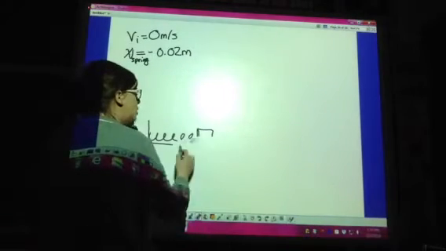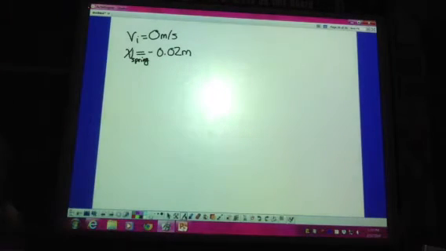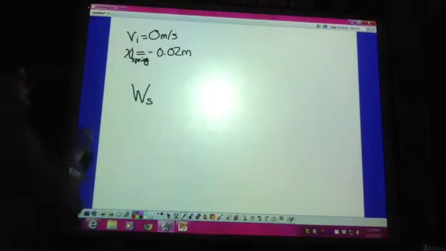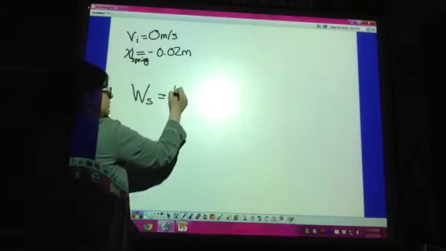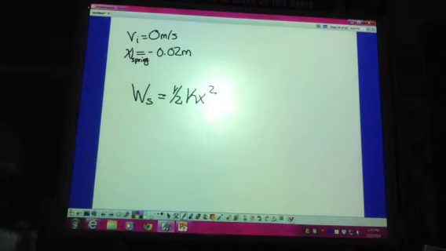A couple other things that I know are that the spring is going to do some work on the block. The work done by the spring is equal to 1/2 kx squared. So we can calculate the work done by the spring on the block.